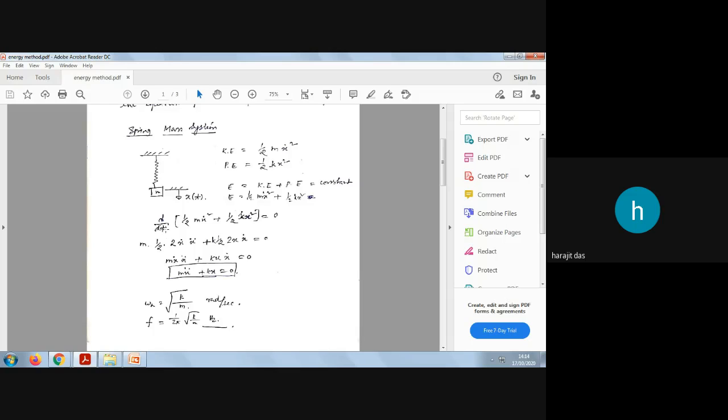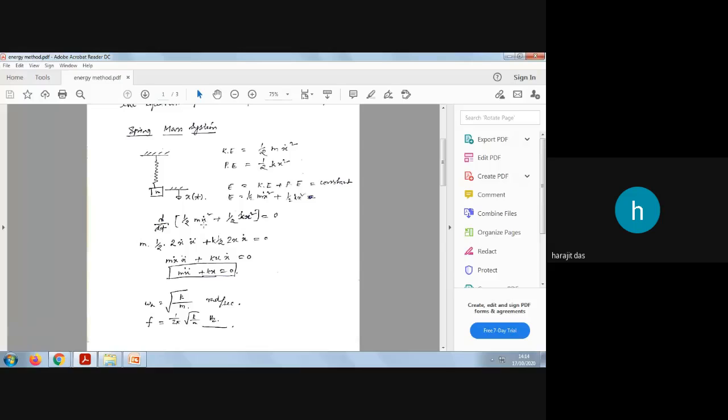So d by dt of half m x dot square plus half k x square will be equal to 0. What will be the derivative? Half, 2 x dot, then again we need to differentiate x dot with respect to t, because it is not d by dx, it is d by dt. Understood?